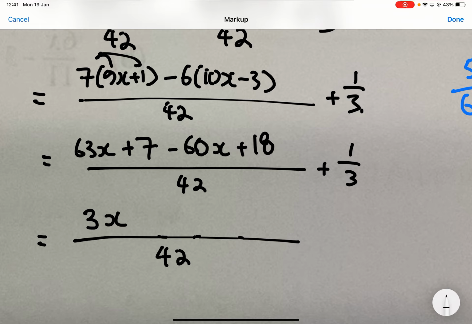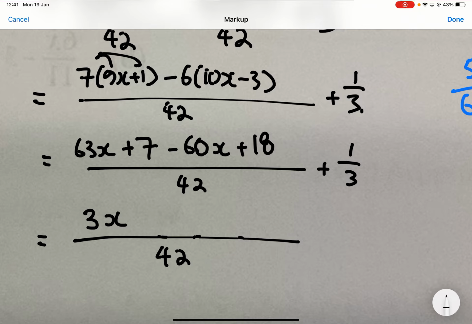Minus give to negative, that's why become plus. Minus times minus here. I not only must give the 6, I must also give the minus. 6 times 10x, 60x. Minus give to positive, that's why become minus. 6 times negative 3, negative 18. Minus must give the negative also. So minus negative 18, that's why become plus.